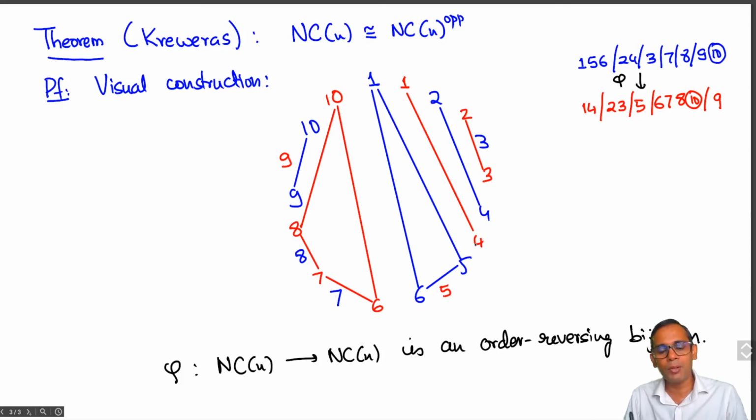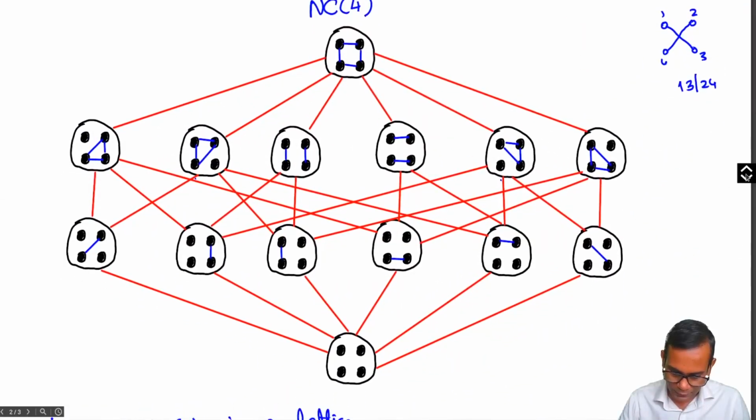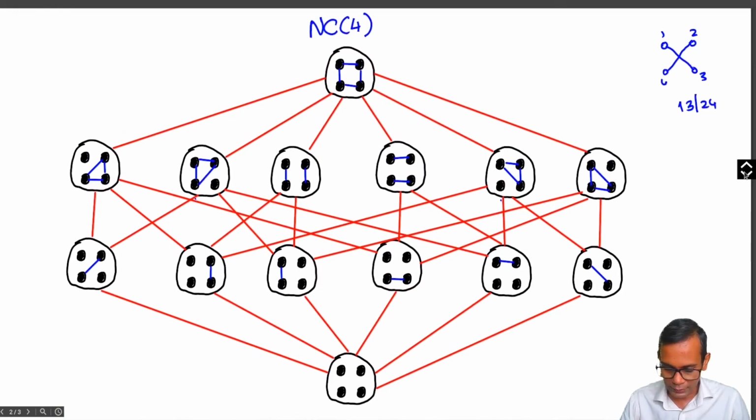So clubbing blocks in the blue set partition will be splitting blocks in the red set partition, and splitting blocks in the red set partition may allow blocks of the blue set partition to merge. And this is why phi is an order reversing bijection. And this symmetry is evident here in this picture of non-crossing set partitions of 4.